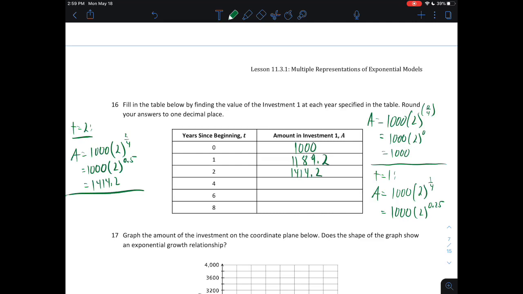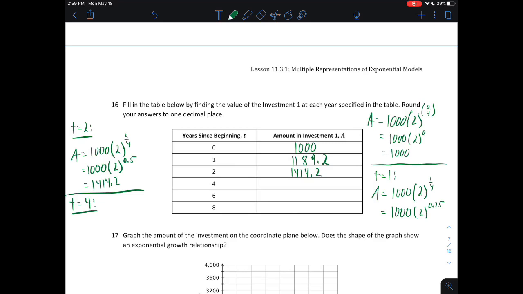Okay, so now how about t equal to 4? Now keep in mind, every 4 years, we should have a doubling of the investment from where we started. So if t equals 0, we have $1,000. Then at t equal 4, that's 4 years later, we should have 2,000. Let's see if that is true from our formula.